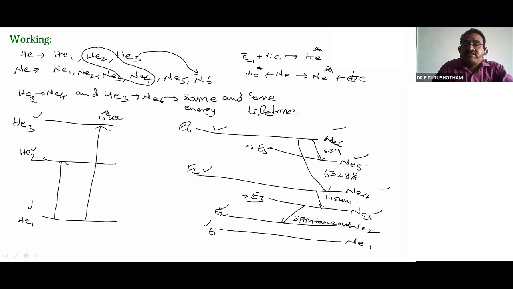These electrons collide with the atoms, but first the helium atom gets excitation and goes to higher energy states He2, He3.